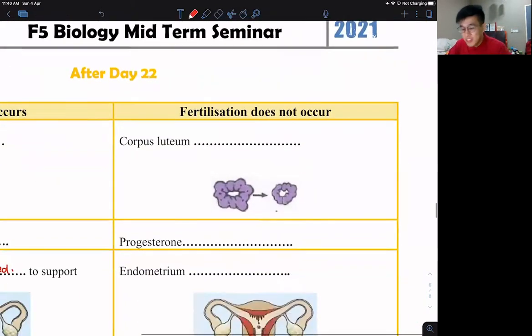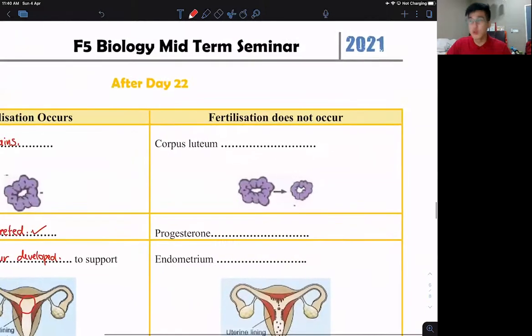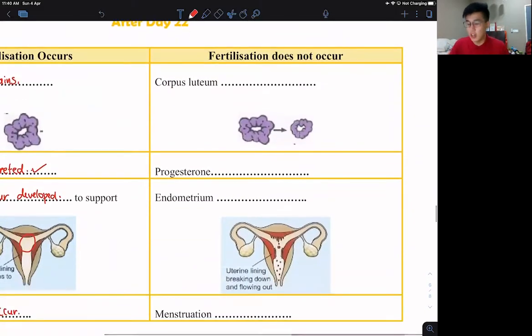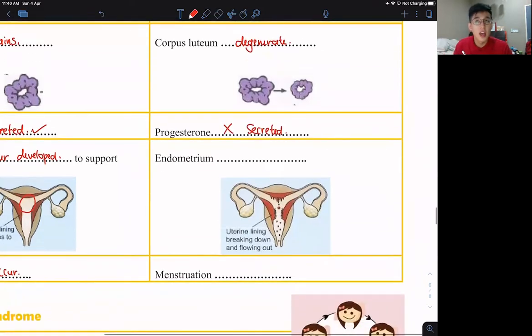However, if fertilization doesn't occur, you don't need the wall already, right? That's why the corpus luteum also has no function. Corpus luteum will degenerate. Look at the diagram here. So progesterone is not secreted. Endometrium, you can say, breaks down.